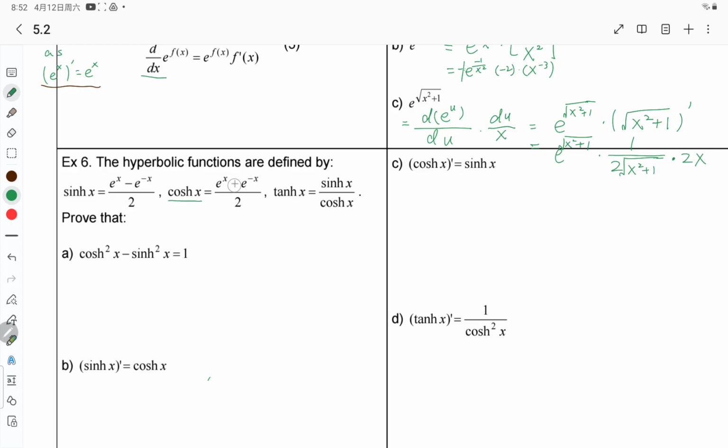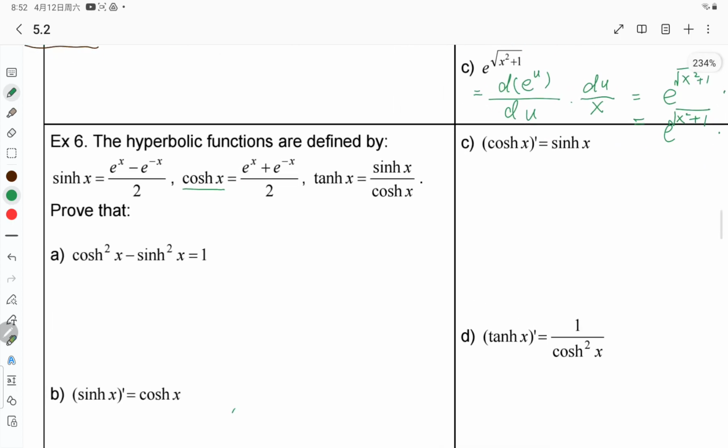Yeah, the cosh function is the summation of e to the x and e to the -x, and this one is e to the x minus e to the -x. I guess it could be interesting to, okay. And I won't expect you to just remember this formula by brute force, okay?